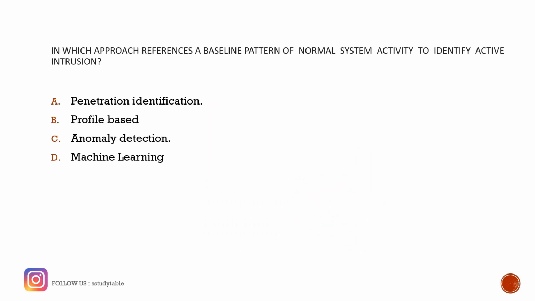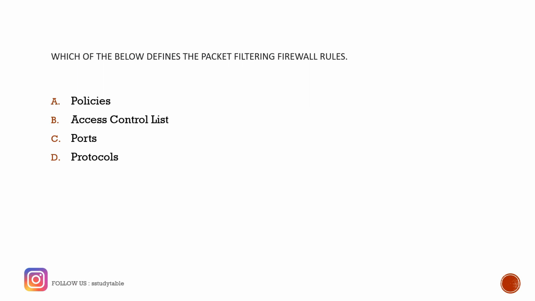Answer is non-resident virus. Moving on, which approach references a baseline pattern of normal system activity to identify active intrusion? The answer is anomaly detection. Next, which of the below defines the packet filtering firewall rules? The answer is access control list.